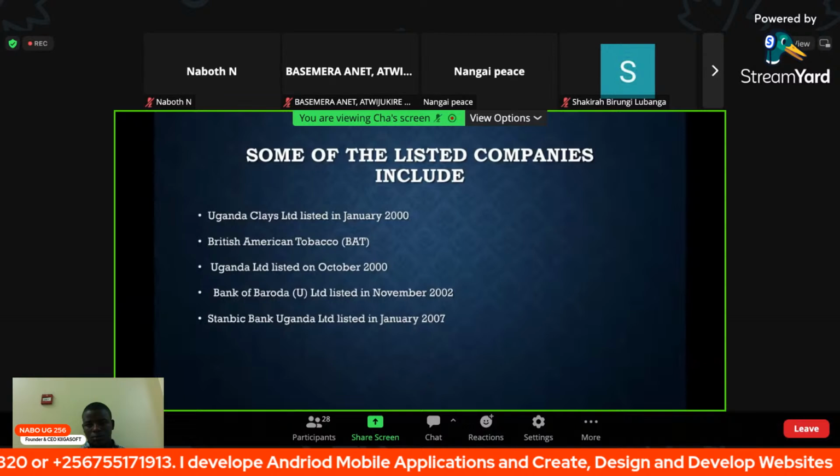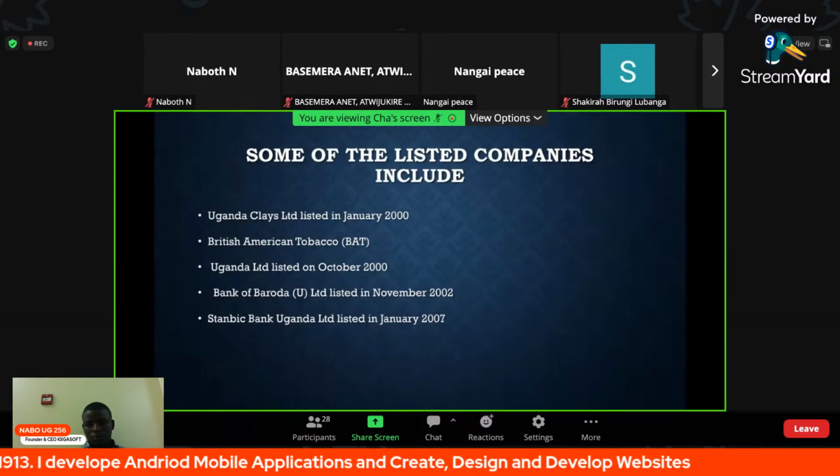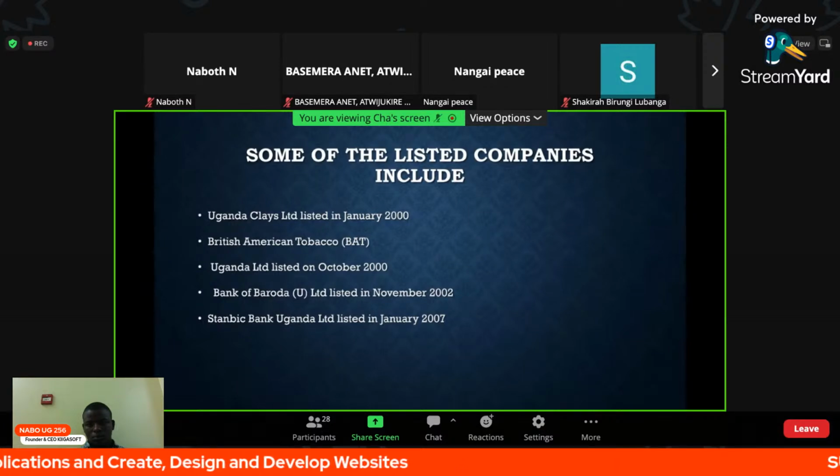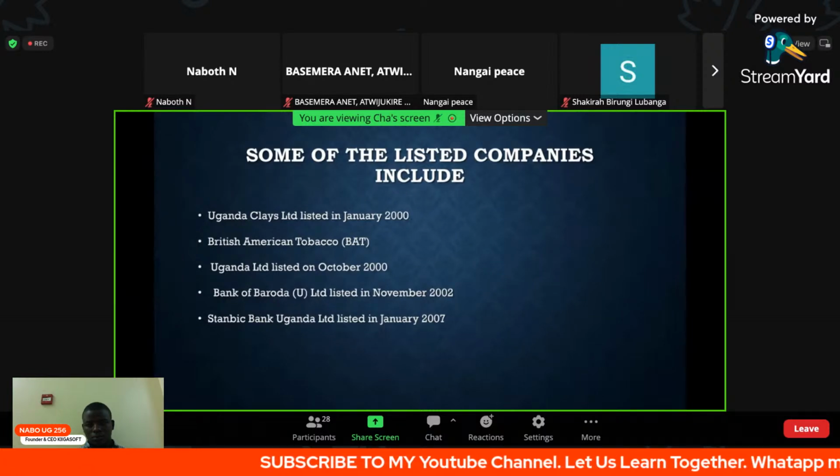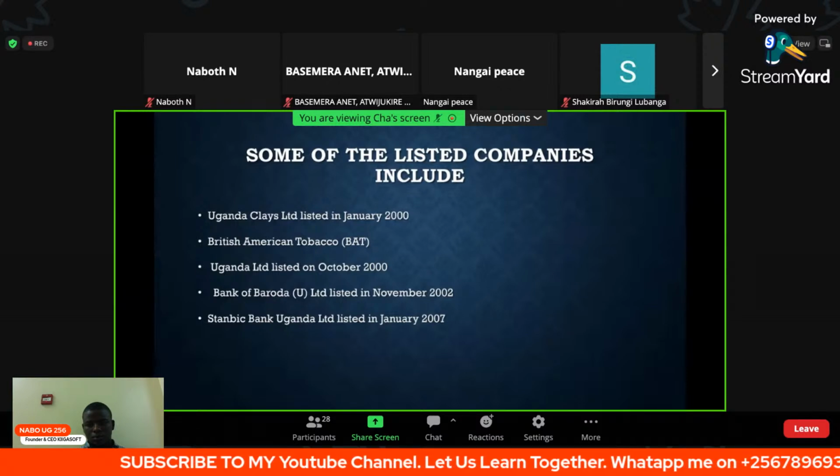We have examples of those companies that are listed: Uganda Clays, British American Tobacco Uganda Limited, listed in October 2000, Bank of Baroda, Stanbic Bank. Let's continue, Chair.